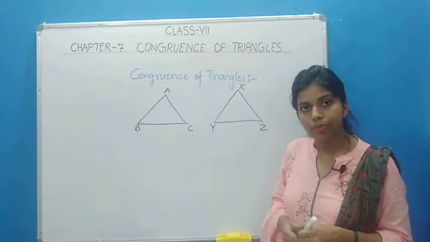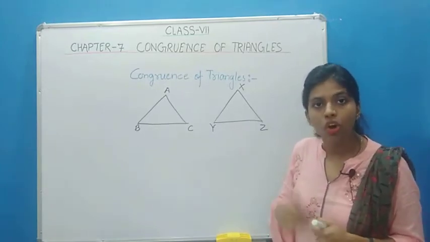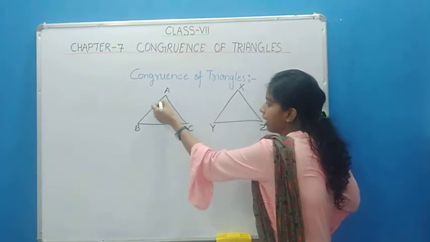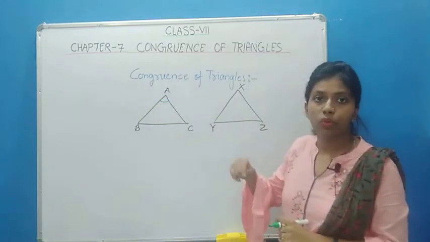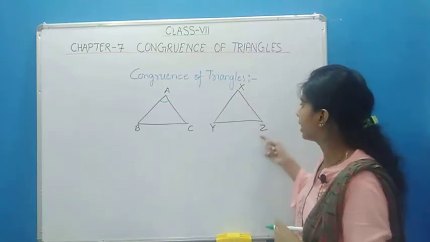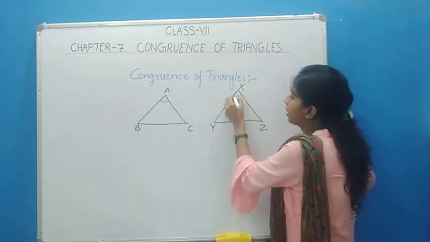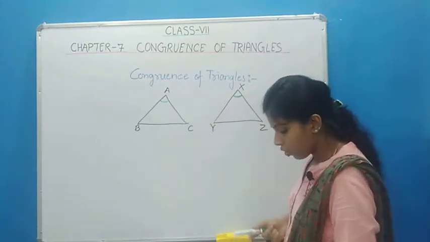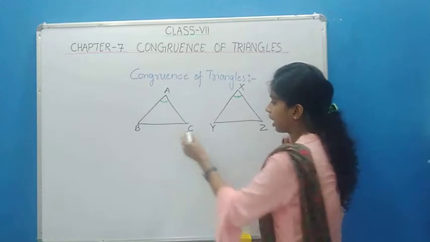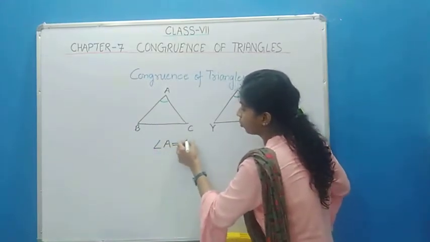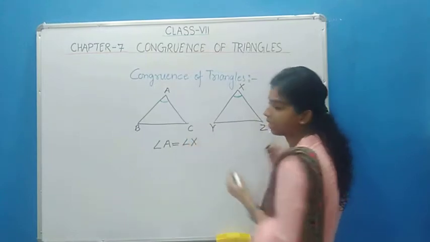How many measurements do we have here? We have one angle, so this angle A must be equal to the corresponding angle in triangle XYZ. Suppose this angle X is equal to angle A. So we can write: angle A is equal to angle X.